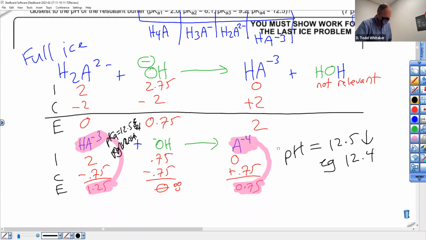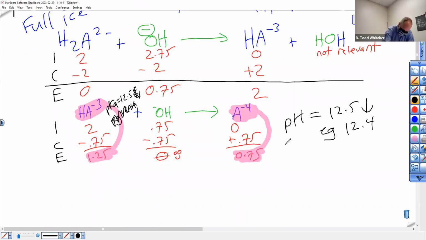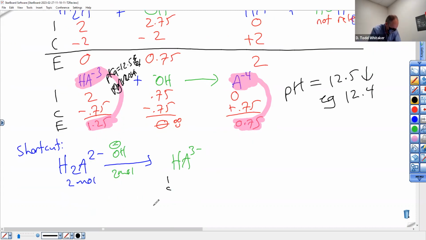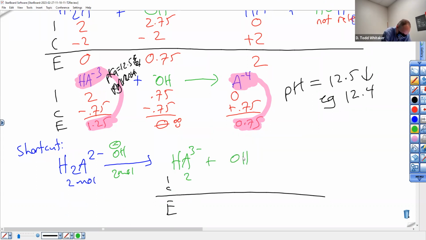You want the shortcut? Here's what you do. Shortcut. You write H2A2 minus, 2 moles is going to use up hydroxide, 2 moles, to make HA minus 3, and then you do ICE. You got to use your brain a little bit. Well, you always have to use the brain a little bit. So you're starting with 2, and you still have how much hydroxide?